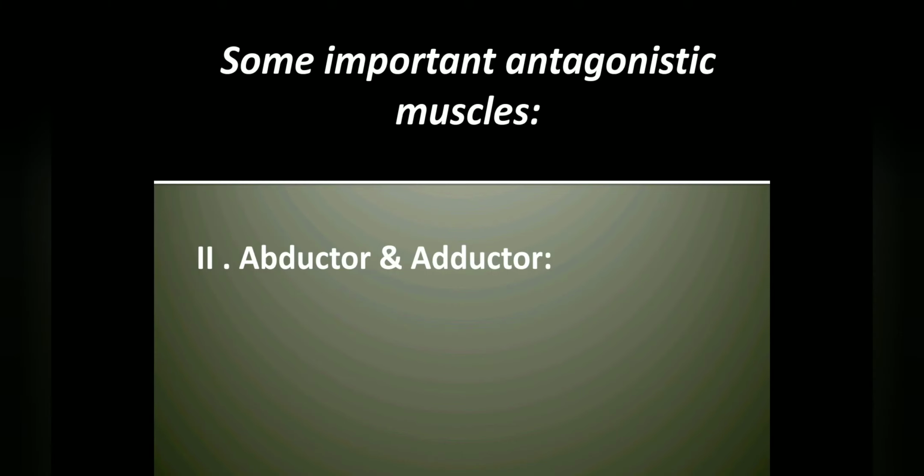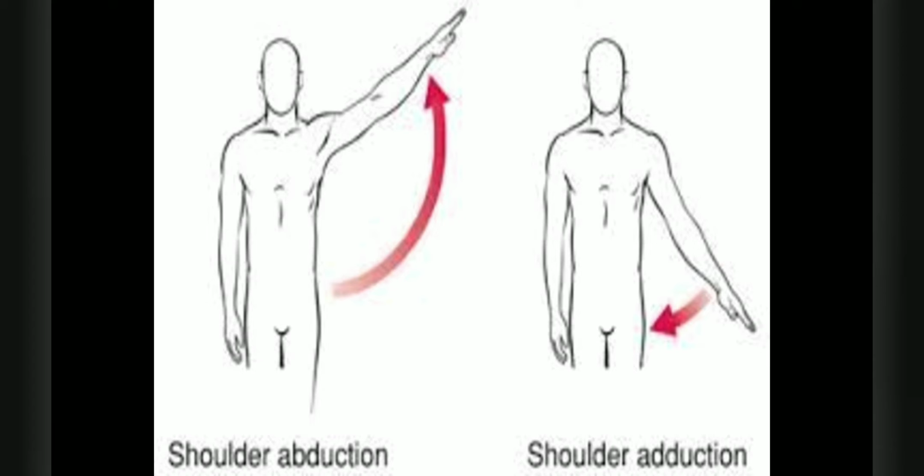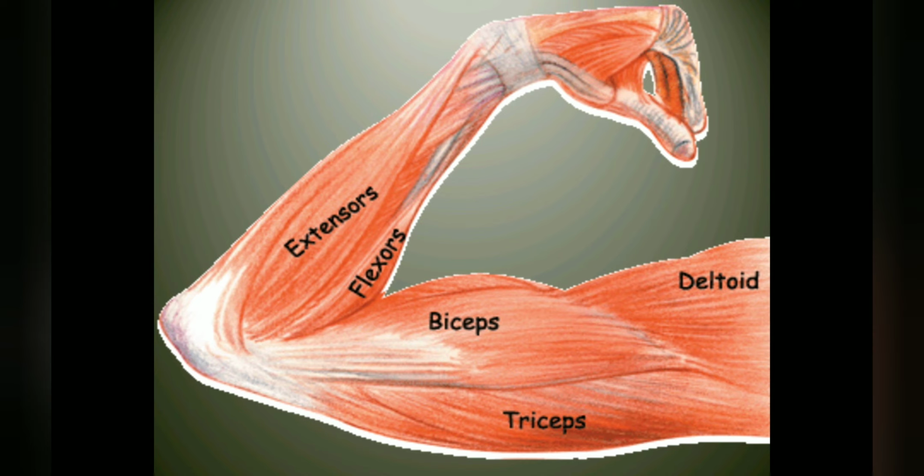Second one is abductor and adductor. Abductor muscles always move a body part away from the body axis. For example, you have deltoid muscle which is present in shoulder.